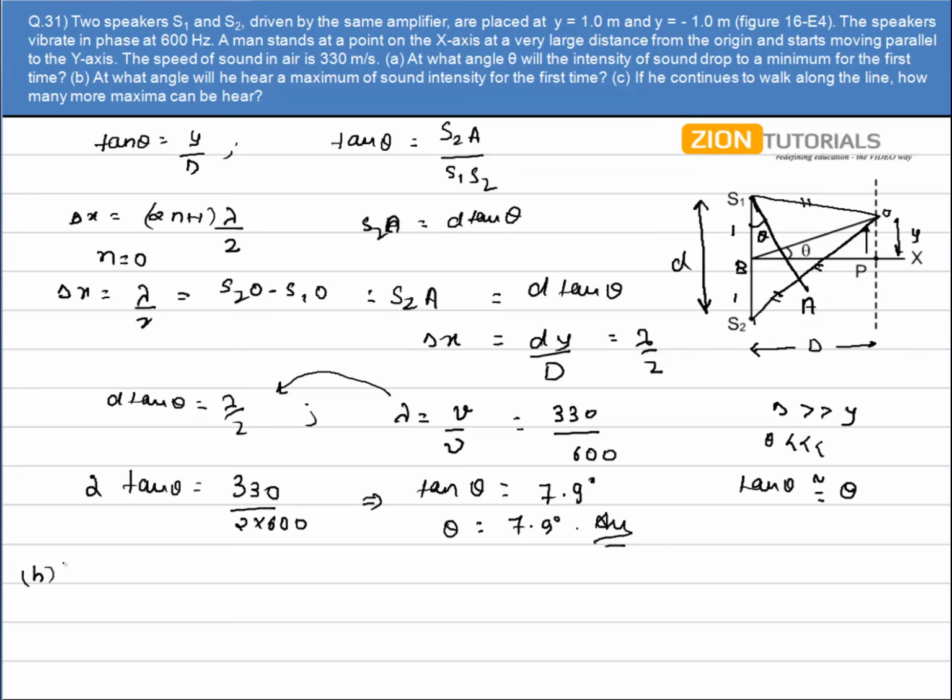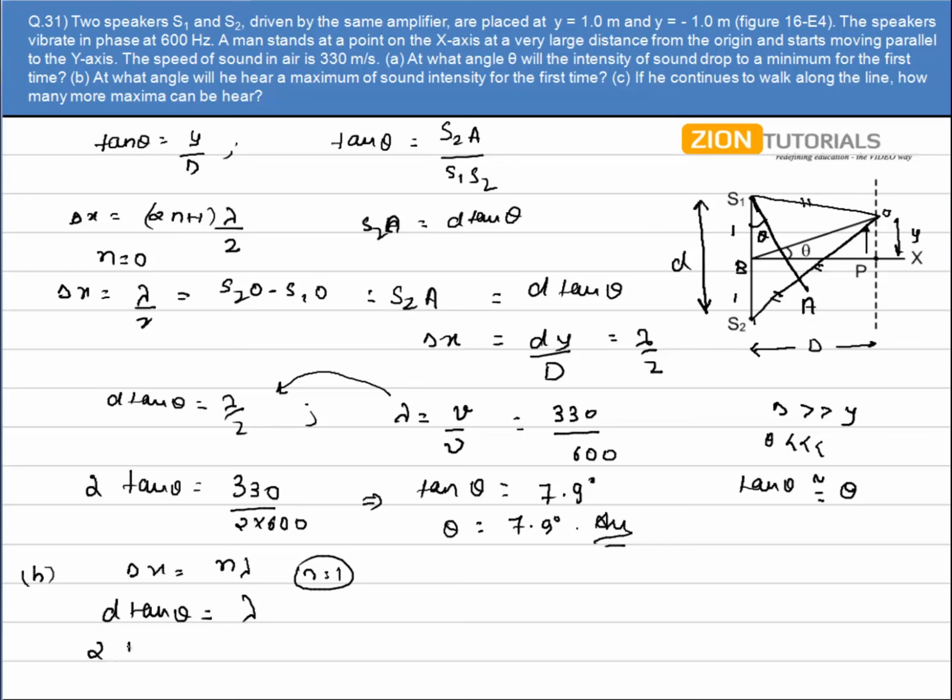In the second part, at what angle will he hear a maximum of sound intensity for the first time? Now for the first maxima, what I know is that the path difference is equal to n times lambda, and for the first one n is equal to 1. The path difference as I calculated above is d tan theta, which is equal to lambda.